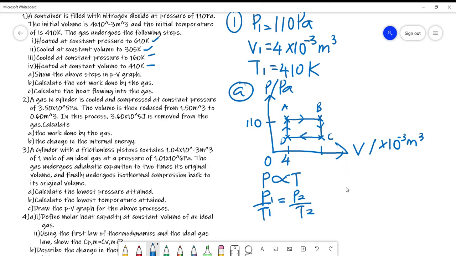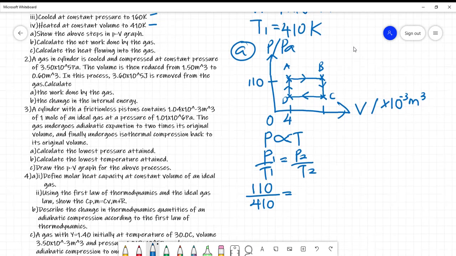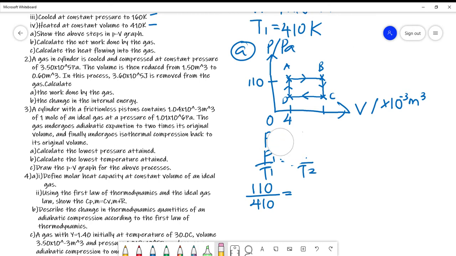My initial pressure should be 110, and my initial temperature is 410, and this will be our unknown. Sorry, this is a mistake.